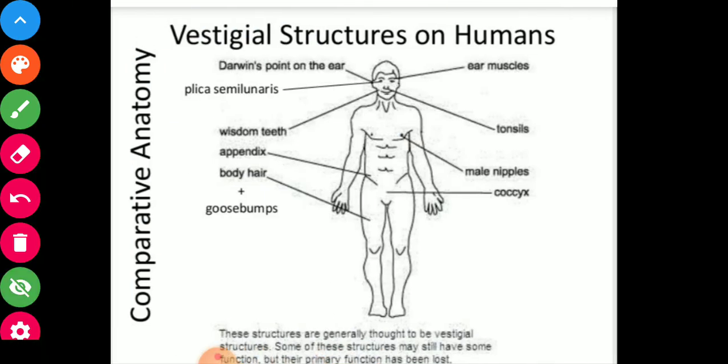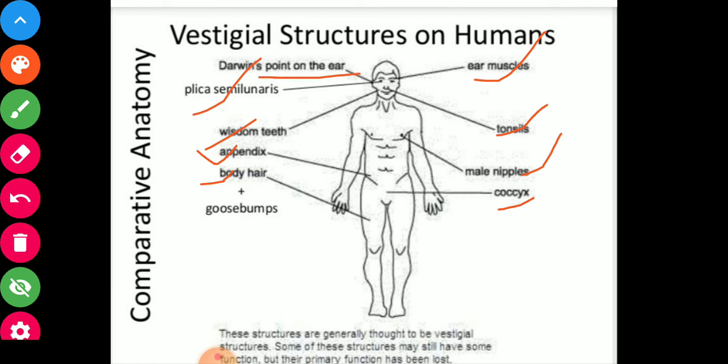Here are some vestigial structures in humans. You can see ear muscles, tonsils, male nipples, coccyx, body hair, appendix, wisdom teeth, plica semilunaris, and here Darwin's point on the ear.